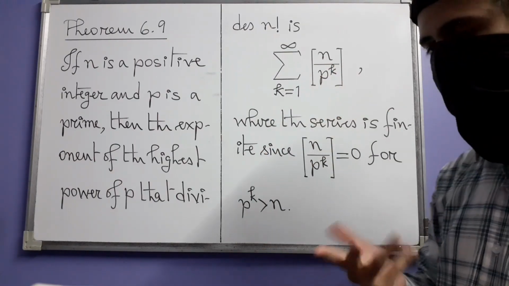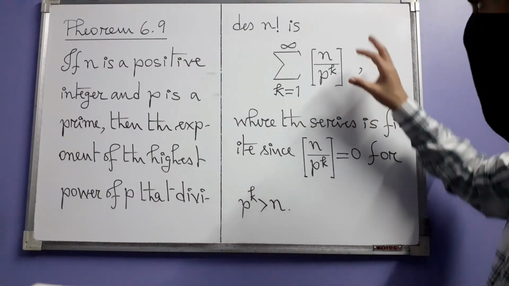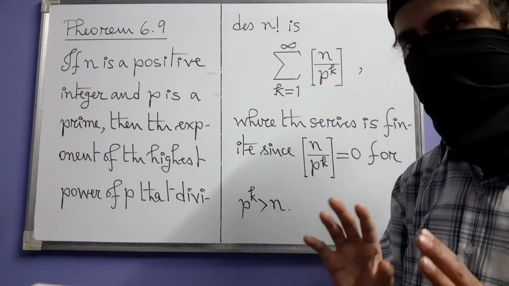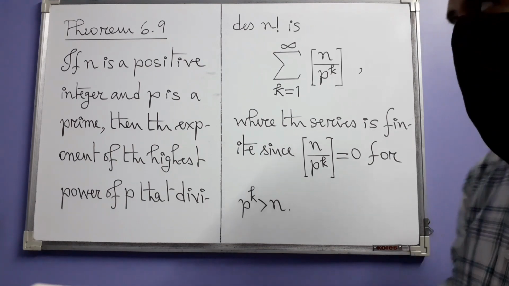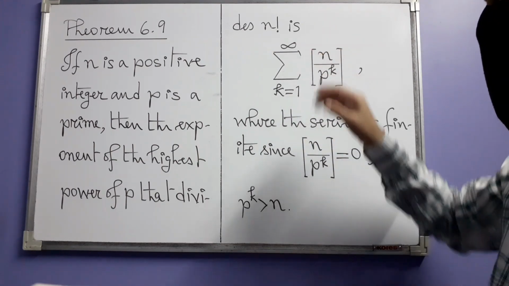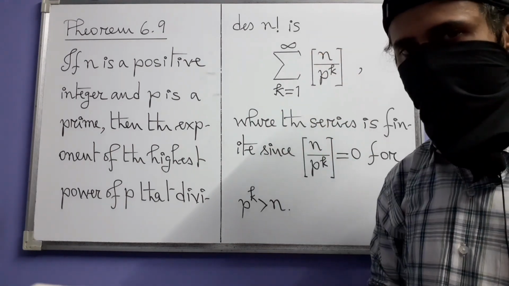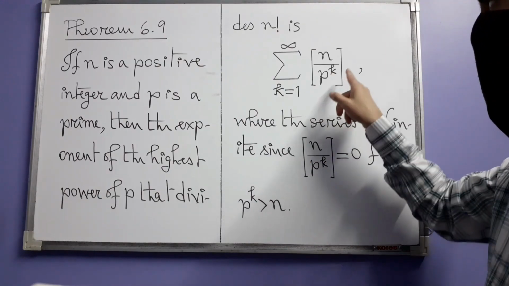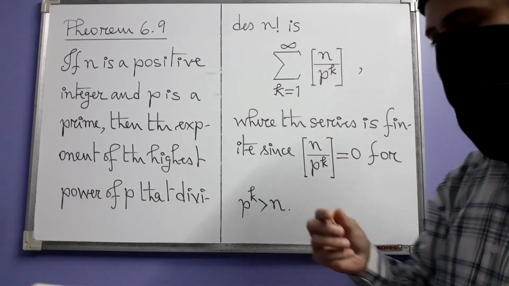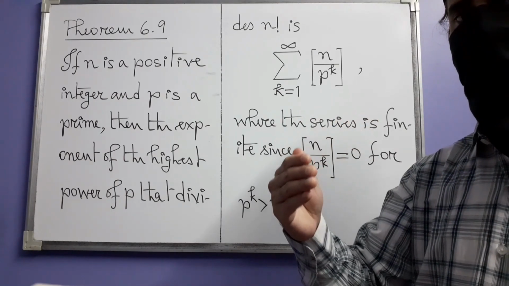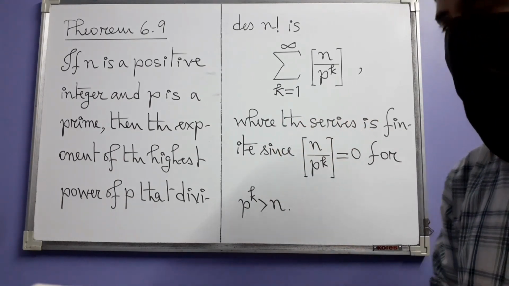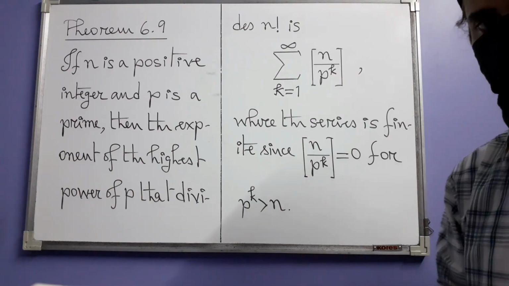N itself may not be divisible by p, so that this ratio is not necessarily an integer. It is some real number, it's a rational number, but of course its greatest integer value will be an integer. Alright. And then the next term is the greatest integer value of n divided by p square. Then the next one is the greatest integer value of n divided by p cube. That's how the terms go.